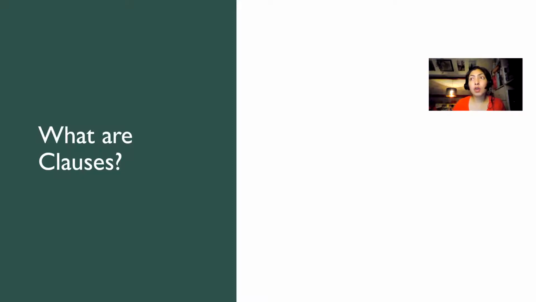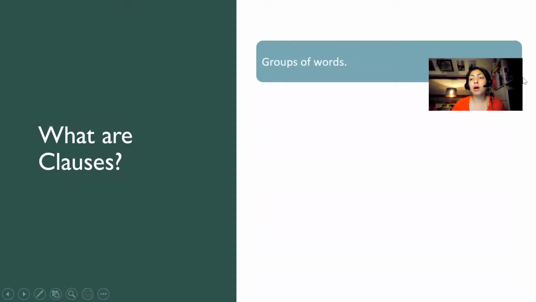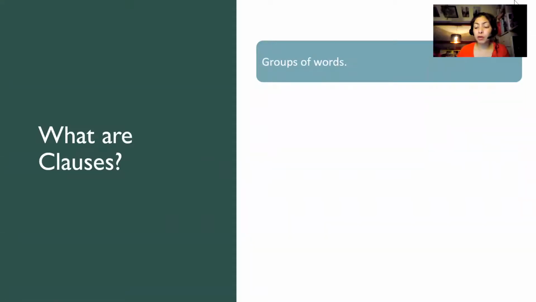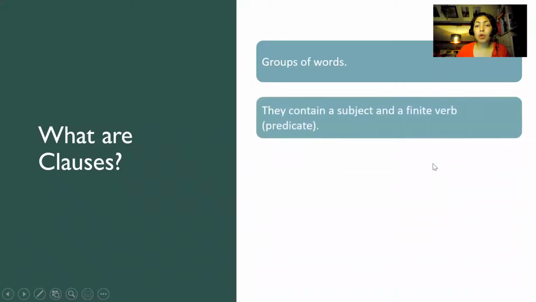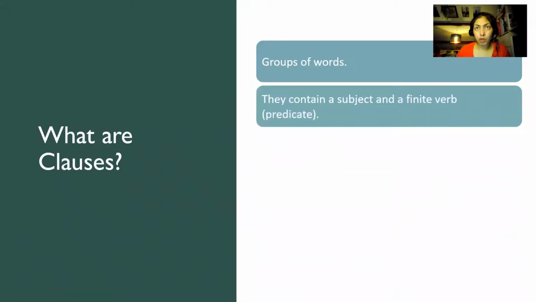We need to understand what clauses are. So remember, clauses are groups of words, all right? They are groups of words, and clauses contain a subject. They talk about something, a subject, and a finite verb, which serves as the predicate.